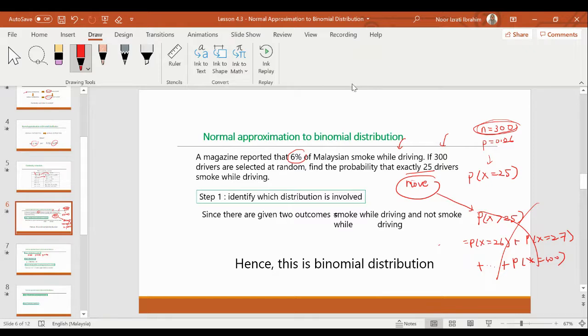This is the reason why. I think this is a clear example. More than 25 means 26 to 300, so it will be a very large number of probabilities that you have to find. Don't do that, but use normal approximation. It will be a lot fewer and shorter working steps.